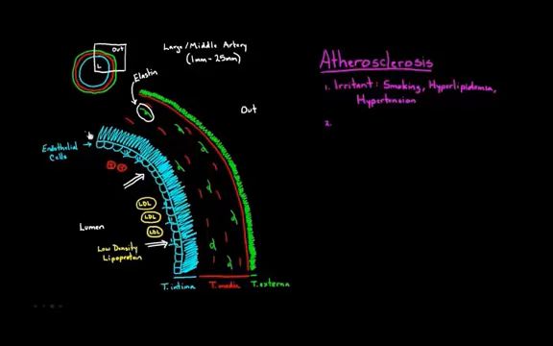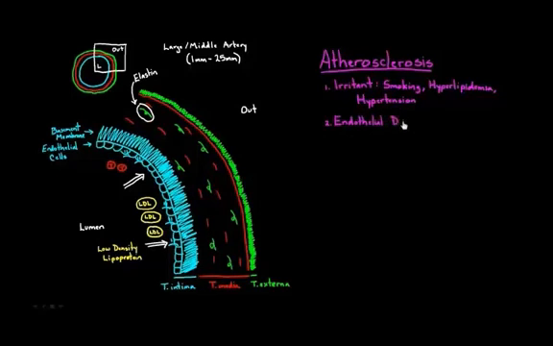And right behind it, just to orient you, is the basement membrane. But really, again, it's the endothelial cells that are being irritated, right? So that would be step 2, endothelial dysfunction. They stop working the way that they like to work.